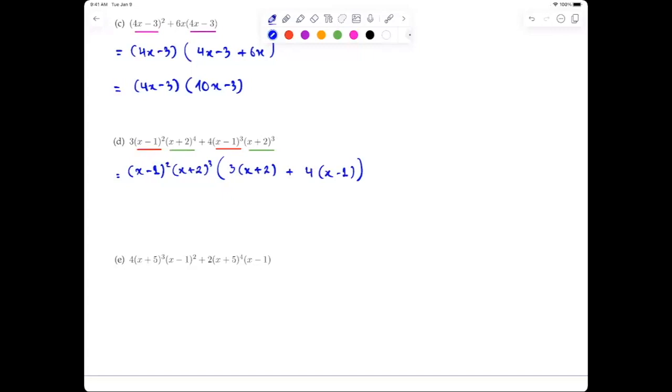These two terms right here are the common factor. Inside this parentheses, what you have left, you have to take it out of factor.